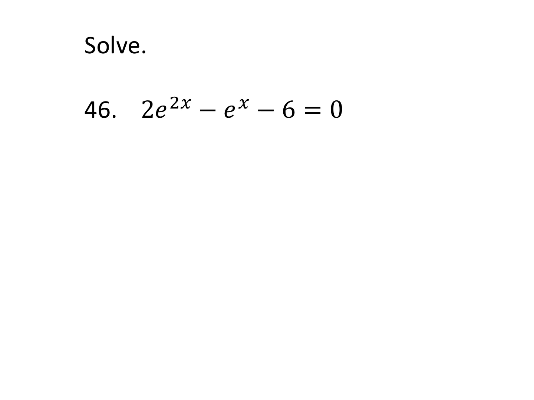46. Here we want to solve by factoring. How would we factor when our leading coefficient is not 1? What do we do first? Multiply the first times the last. We get negative 12. What are two factors of negative 12 that add to negative 1? Negative 4 and positive 3.